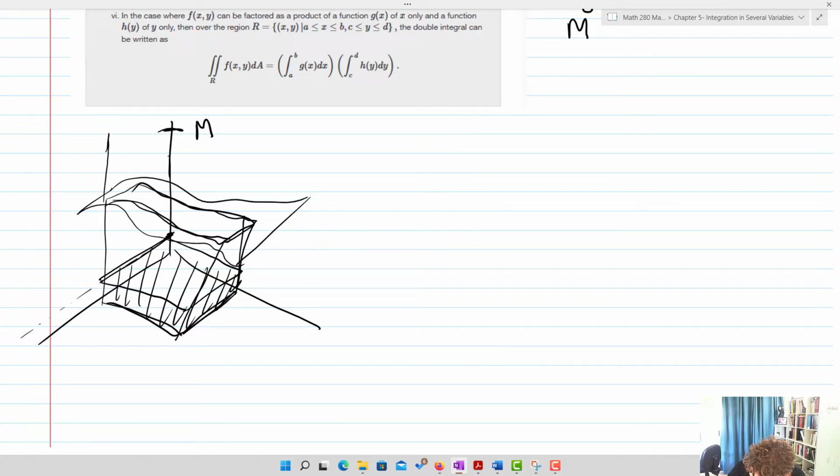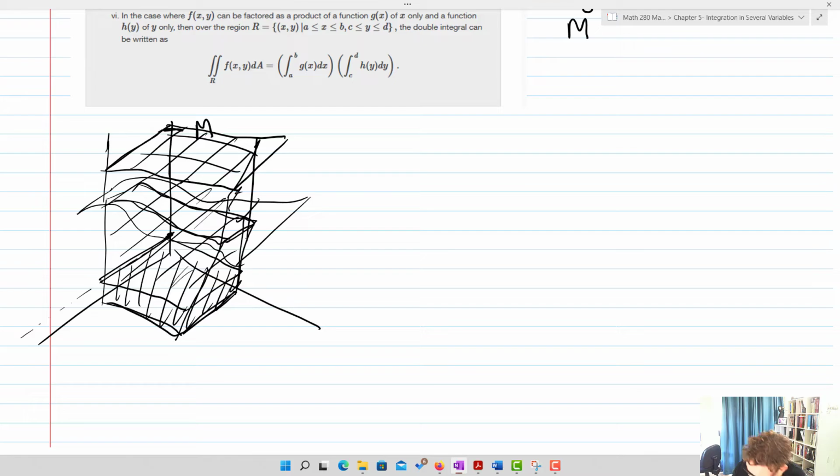And if I take a value that's above it, let's say I've got big M here, well now here's that region, and the volume of that region is now all of this. It's all that stuff in there. And you can tell that that volume is going to be greater than the volume of the region under our surface as well.